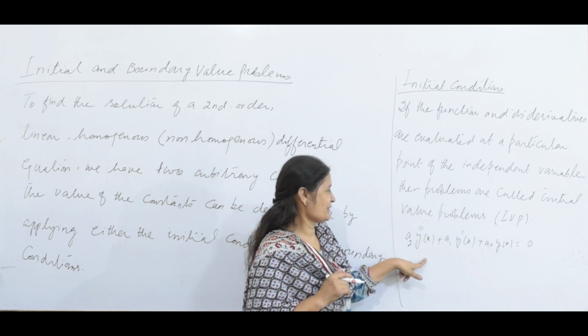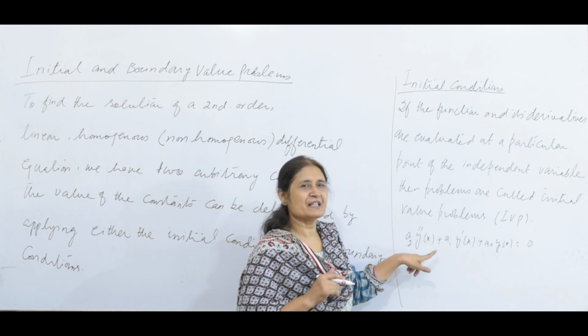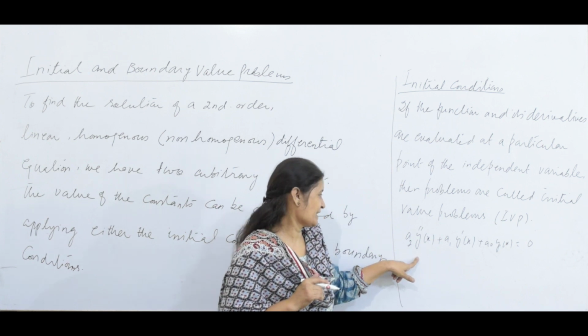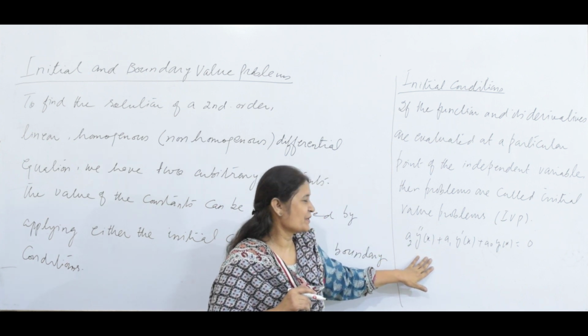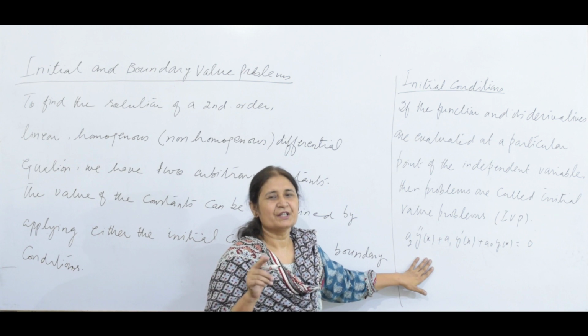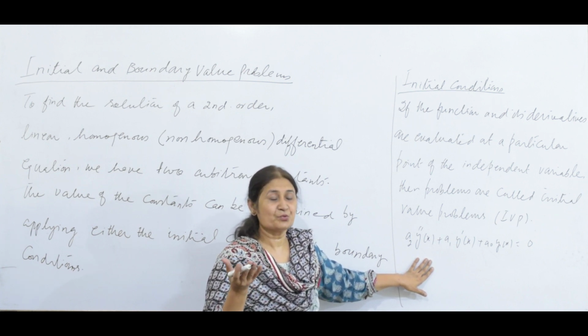This is the differential equation I have written, which is homogeneous and linear with constant coefficients. The solution of this differential equation will consist of two constants. The two constants can be determined by applying two conditions.